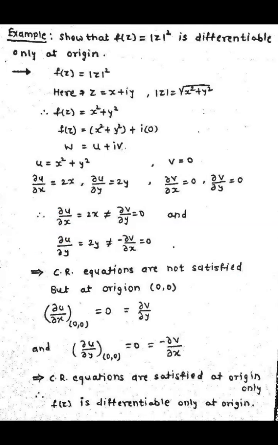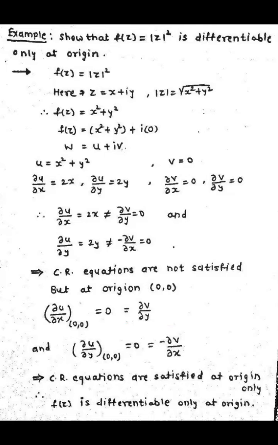But in the question, they mention the origin. So at the origin, x is 0 and y is 0. So the derivative ∂u/∂x is fine at the origin: x is 0, so the value becomes 0. Now if you compare this derivative with ∂v/∂y, whose value is 0, both become equal.